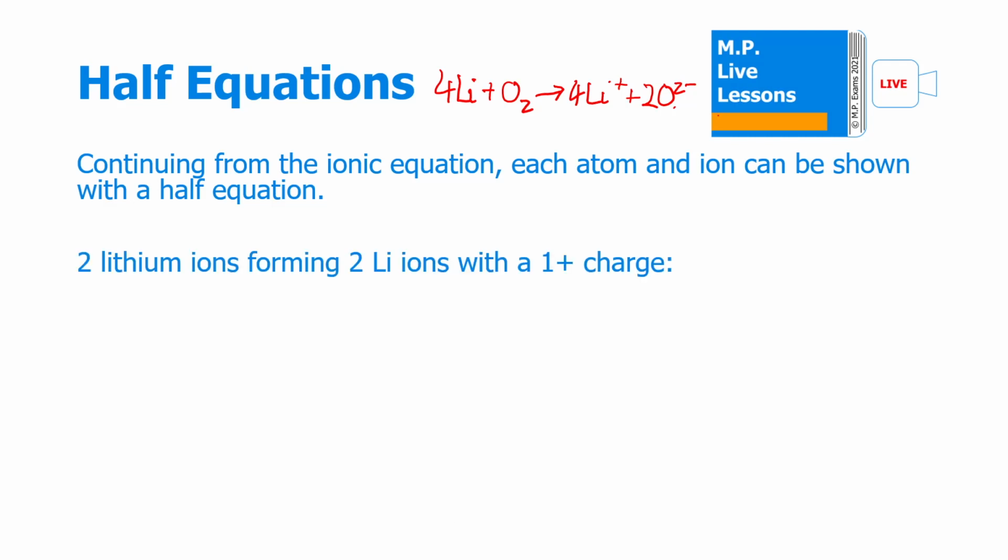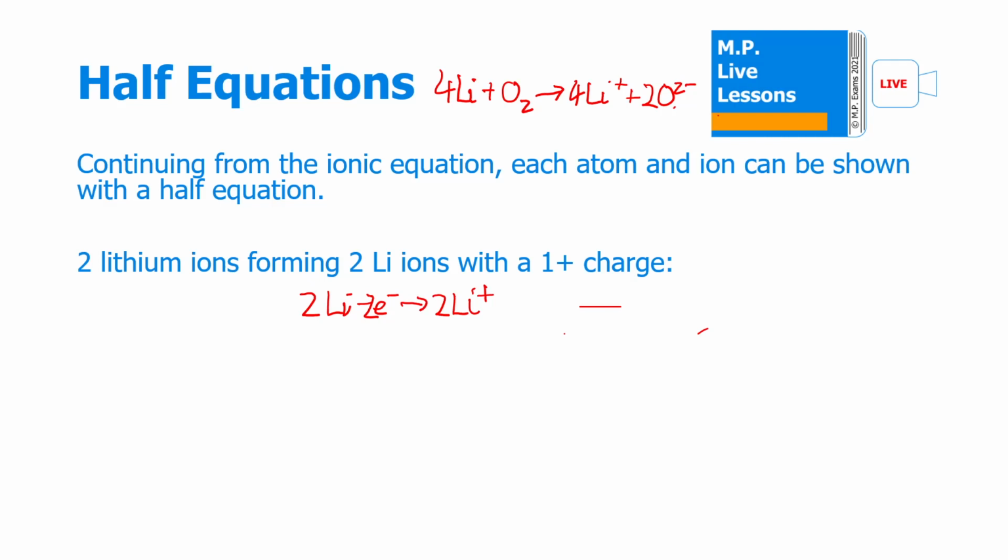For example, the 2 lithium ions were formed from 2 lithium atoms losing 1 electron each. So we had 2 lithium atoms, this became the lithium ion, two of them. And it lost an electron, so we can put a minus here, 2 electrons. So it lost 2 electrons to become 2 lithium ions.